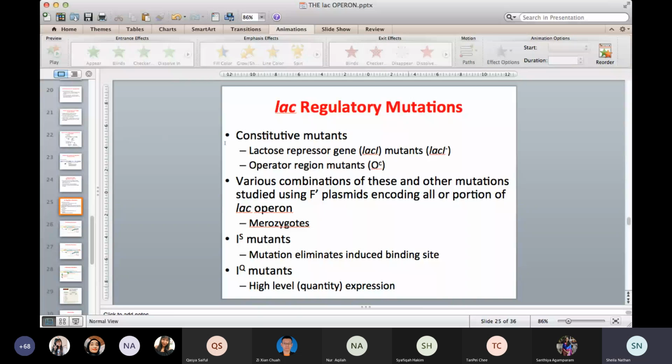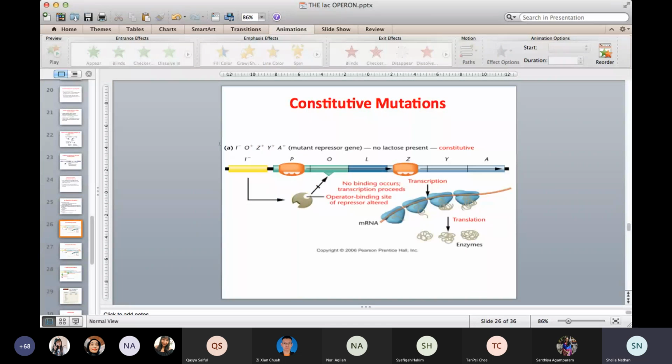So maybe you can go and search yourself: how does an IQ mutant result in high levels of expression for the Lac Operon? Again, this is just to describe to you. I hope you know how to read genotypes. Remember, I negative means that it's going to produce a mutant repressor.